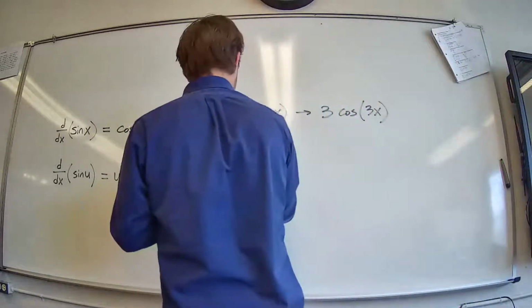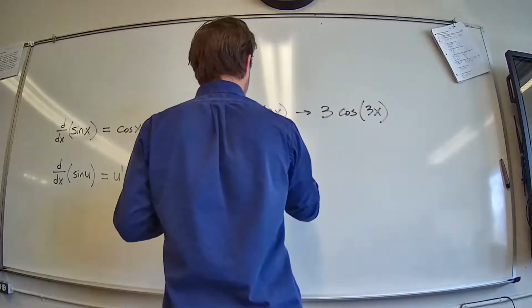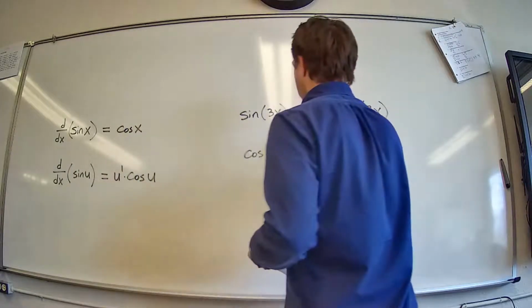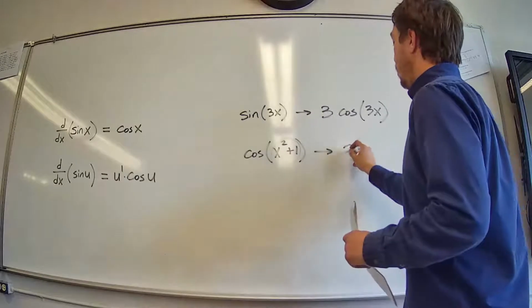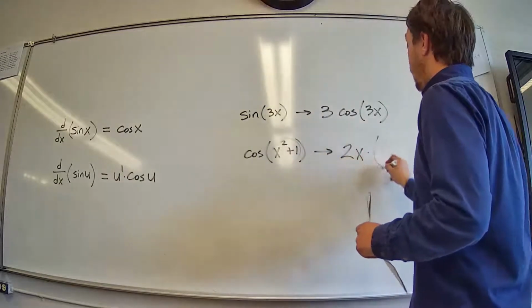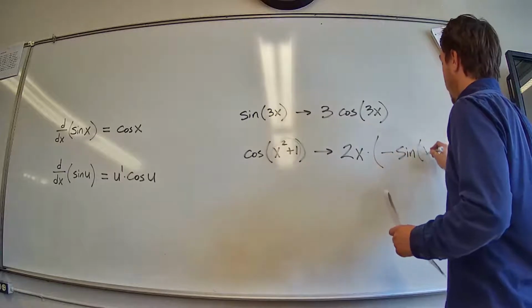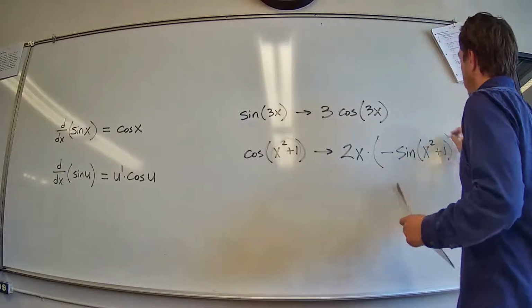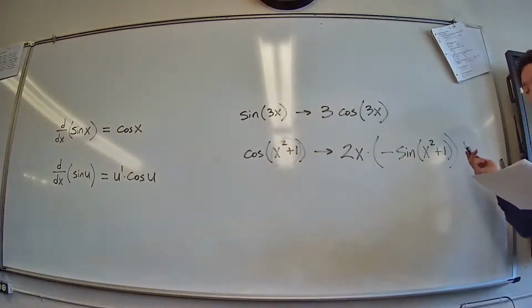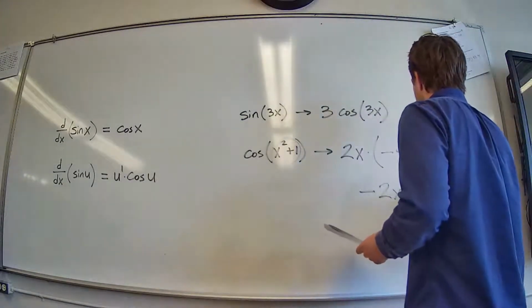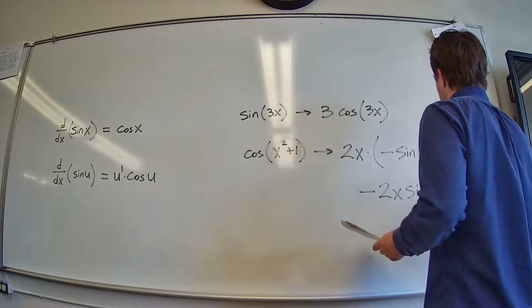How about cosine of x squared plus 1? There's the u, u prime. Right, and then there's going to be a negative in there. If you're getting comfortable with looking ahead, this is kind of a clunky way to write it. So you could write it as negative 2x sine of x squared plus 1.